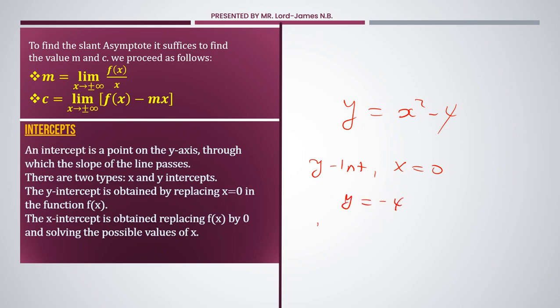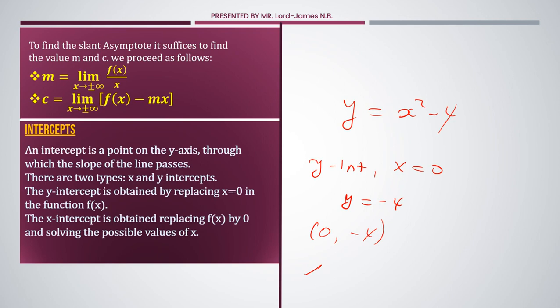So the y-intercept is the point (0, -4). Now, for the x-intercept, we replace y by 0. If you solve for x, you are going to have plus or minus 2. That's the value of the x-intercept.